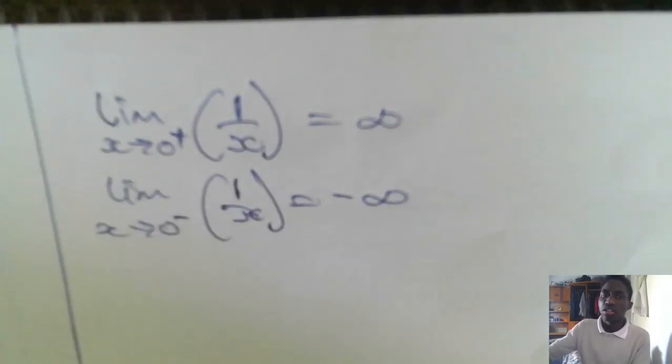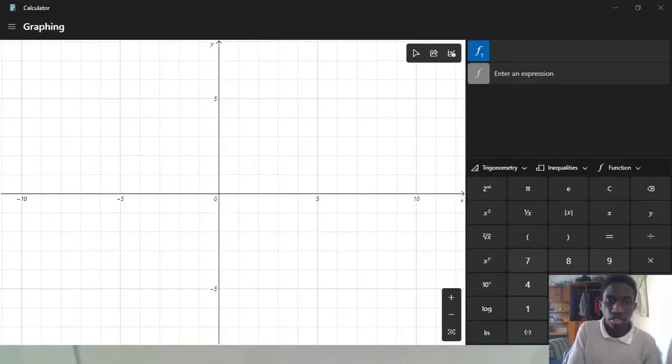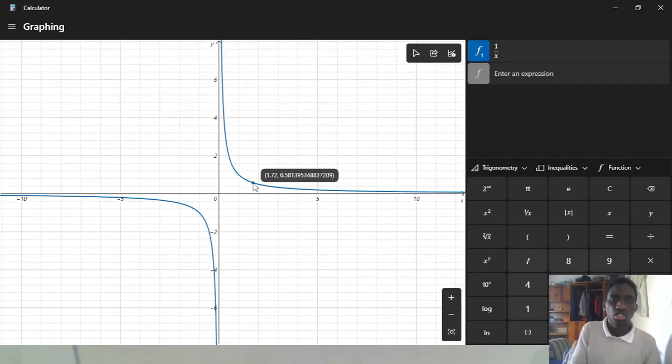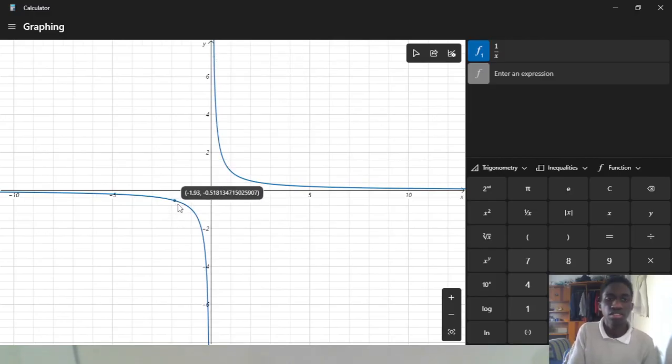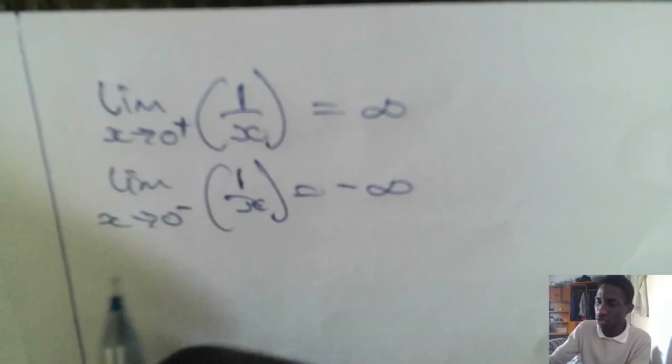The limit as x approaches 0 from the left of 1 over x is negative infinity, as we saw in the graph of this function, where we graph 1 over x. We examined the graph in the previous video, and we saw that our ideas are actually true. So this limit does not exist. Now I'm referring to this limit here. I think we also treated that in the last video.